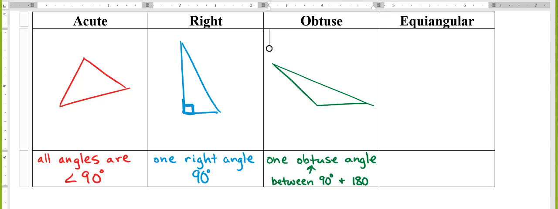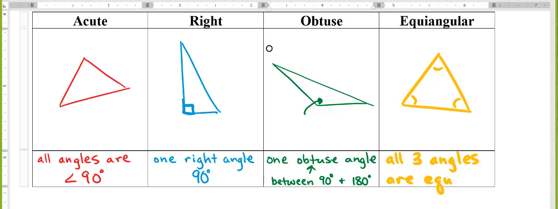It has to be bigger than 90 degrees, but less than 180 degrees. And this is the obtuse angle right here. Okay, the last way to classify according to angles, if you have what's called an equiangular, all three angles are going to be equal. And we'll talk more about that in a minute.